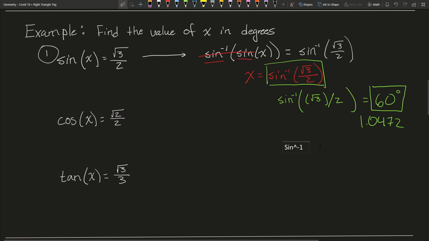So sine caret -1, and then in parentheses, we would type the value, so that's sine inverse of square root of 3 divided by 2.